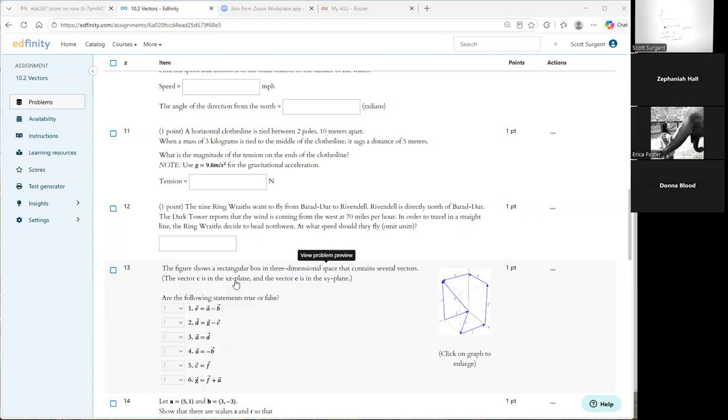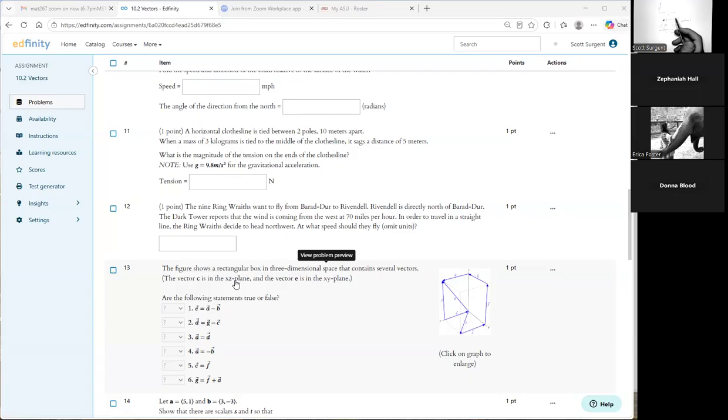Well, they have to fly into the wind. It doesn't tell us how far north. I mean, we're going to assume that they're going to fly at northwest. I'm reading the question again. Yeah, okay, northwest.